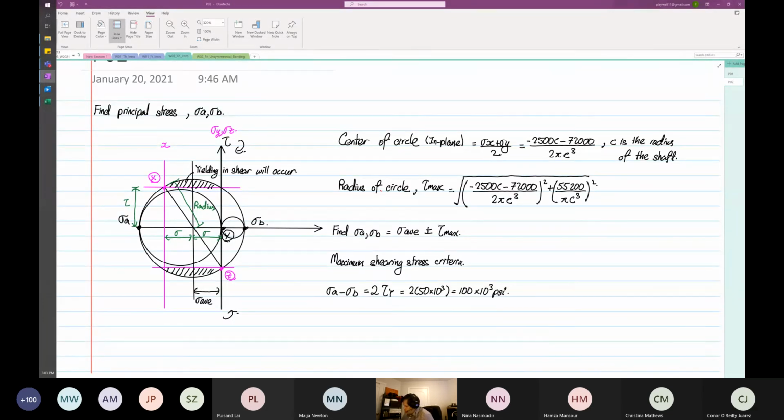So from here, all we need to do now is write down stress A minus stress B. Stress A is equal to, for me, I'm really lucky, I can just copy and paste.